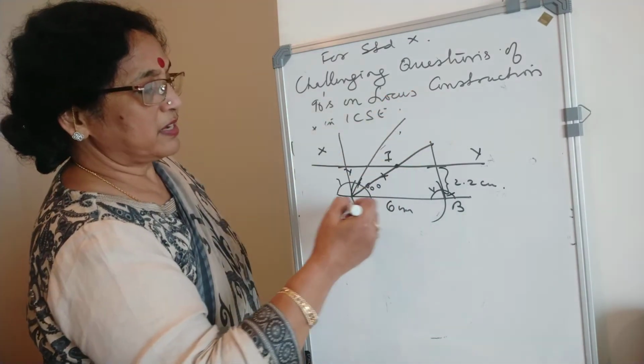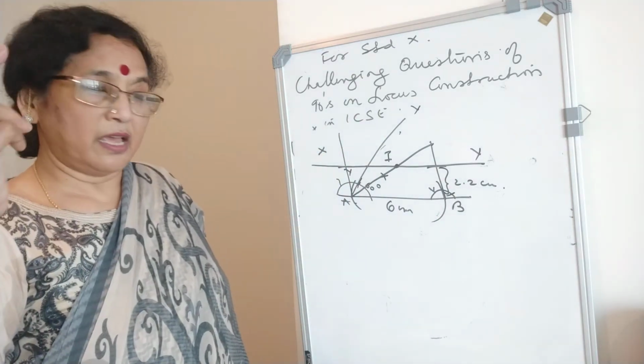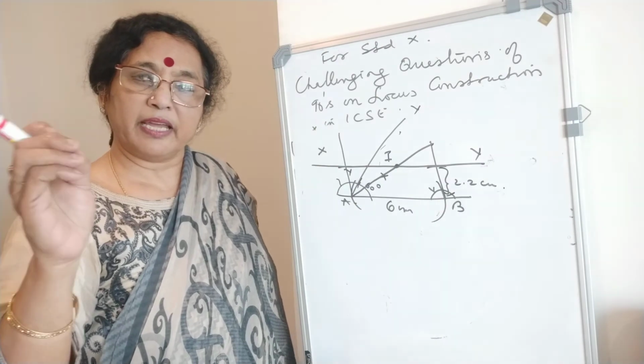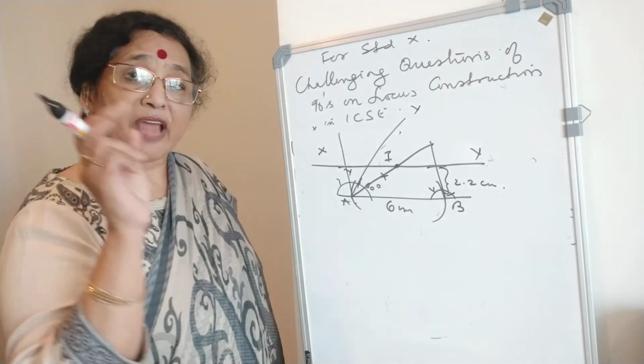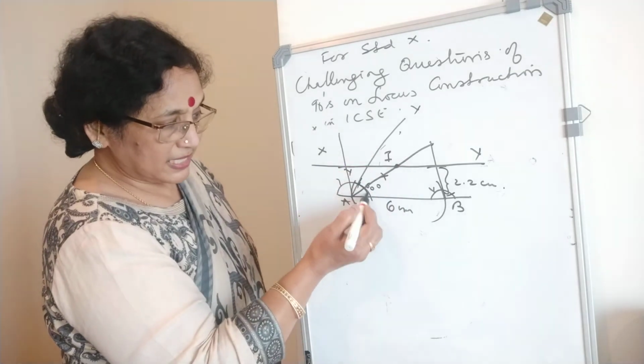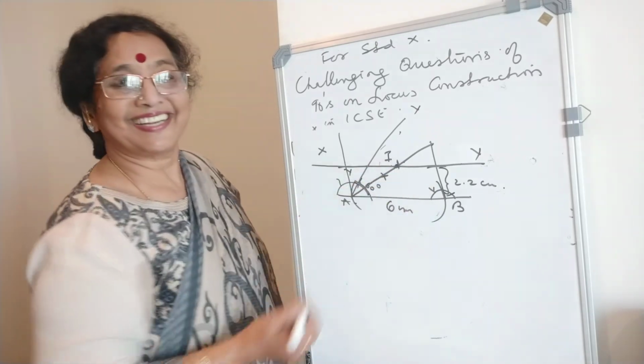C will lie somewhere here, on AY, let's suppose. That CAB or YAB is 60 degrees, but the incenter will always lie on the angular bisector. So I make the bisector of angle A, and where it cuts this line XY is your incenter.